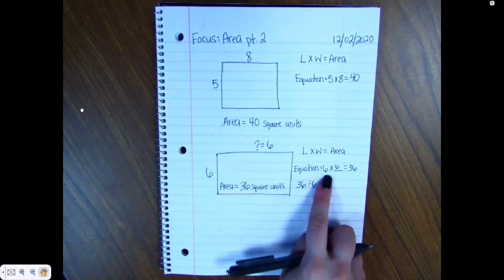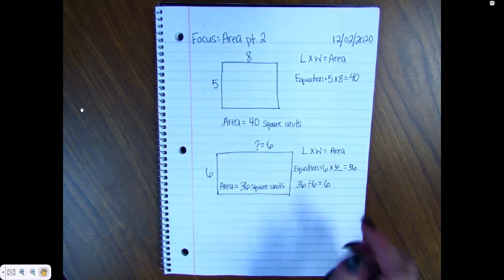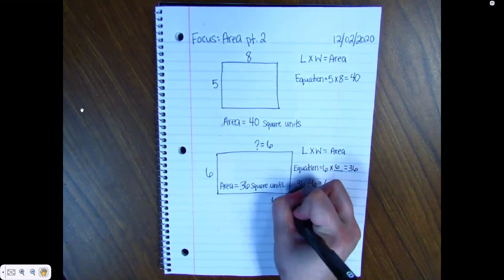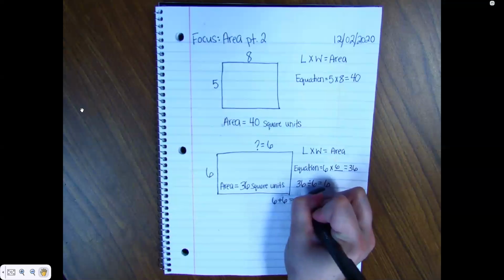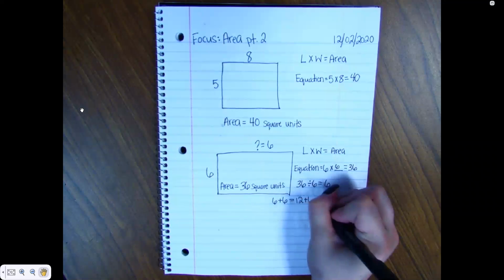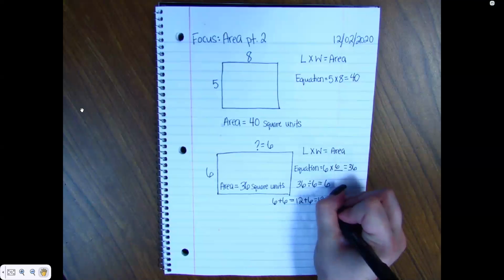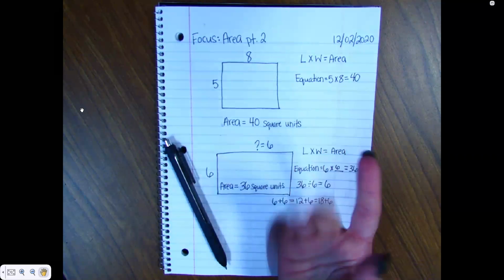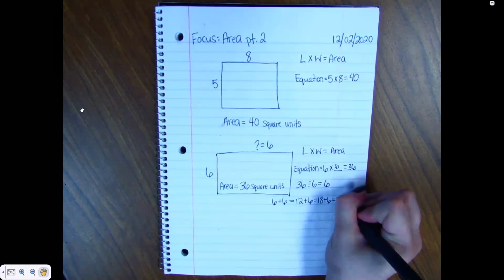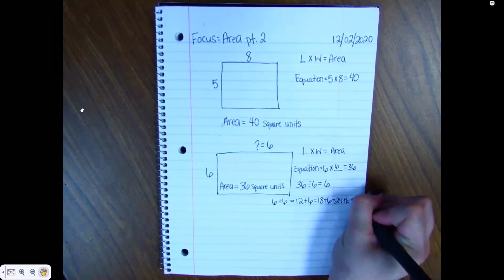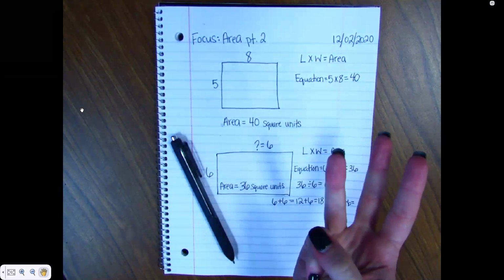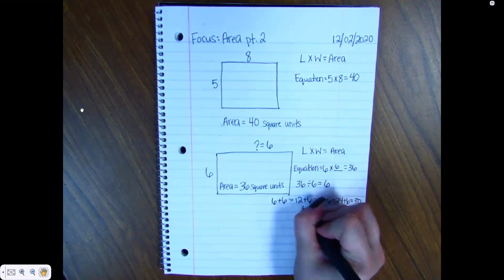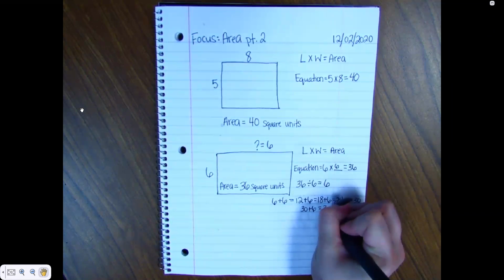And if you're not sure what 6 times 6 would get to 36, you could always do some repeated addition. 6 plus 6 would equal 12, plus 6 would equal 18, plus 6 is 24, plus 6 is 30, plus 6 would be 36.